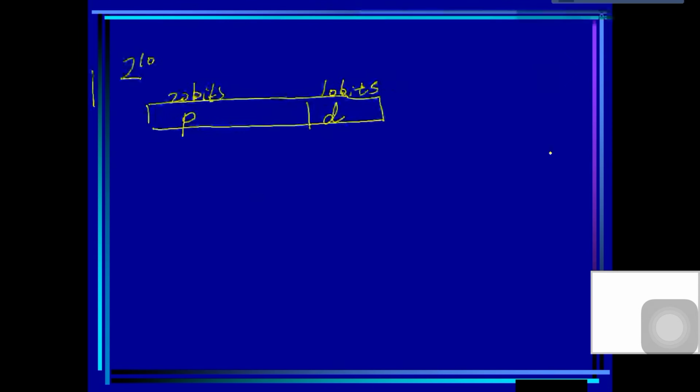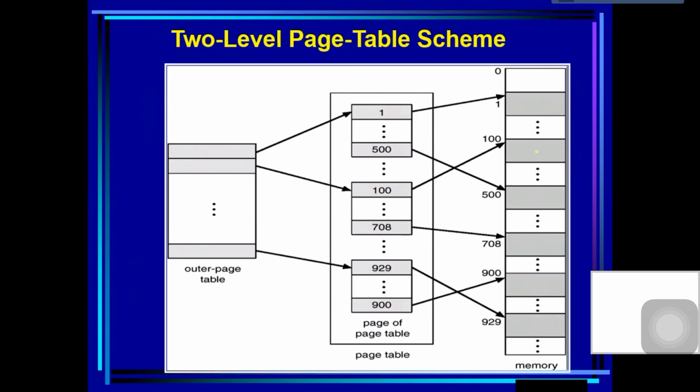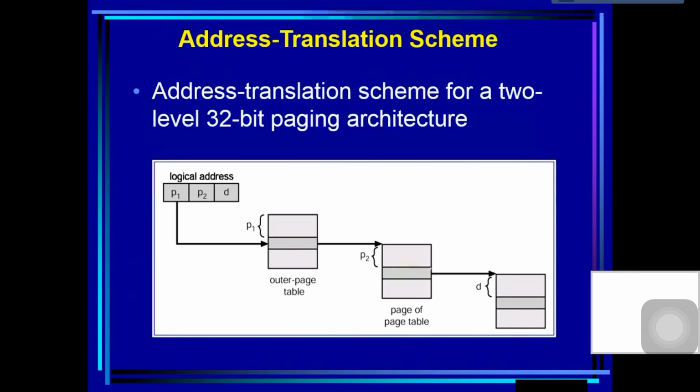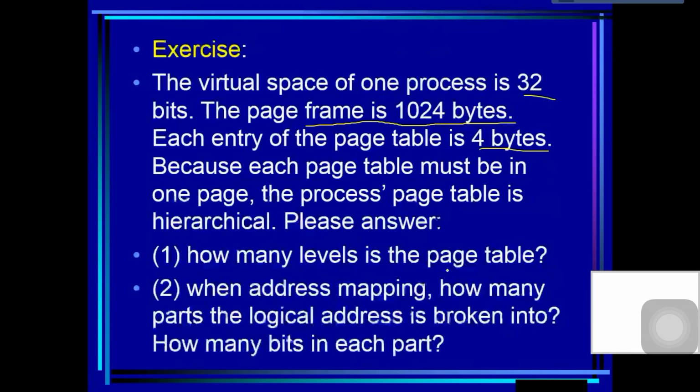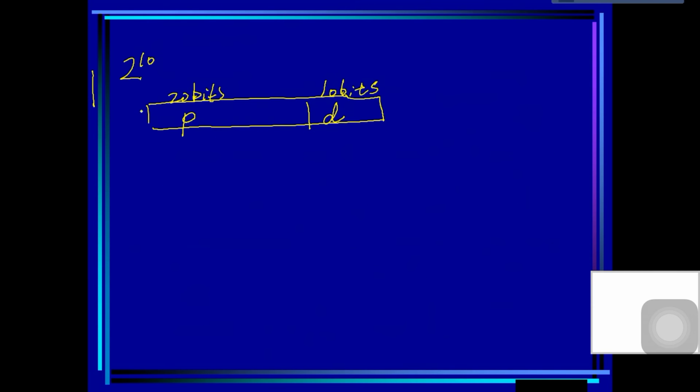that means in the page table, the width for each item is 4 bytes, and the page size is 1024 bytes. So we use 1024 bytes divided by 4, we get 256.